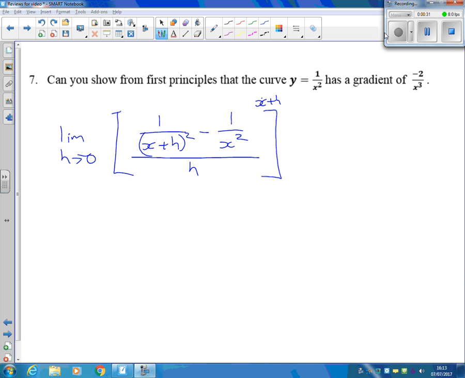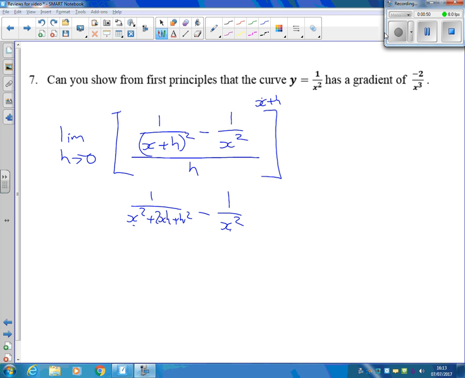Well, you've got to do some fractions for that then. The fractions part here is going to be, we've got 1 over x squared plus 2xh plus h squared minus 1 over x squared. Now you certainly just can't take bits like that because you've got to have the common denominator here.